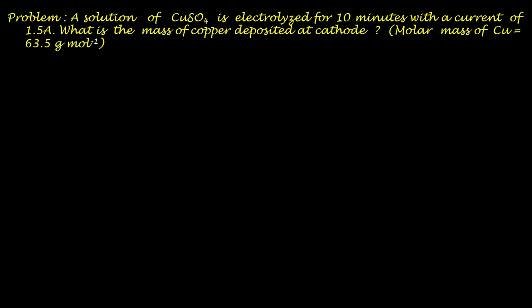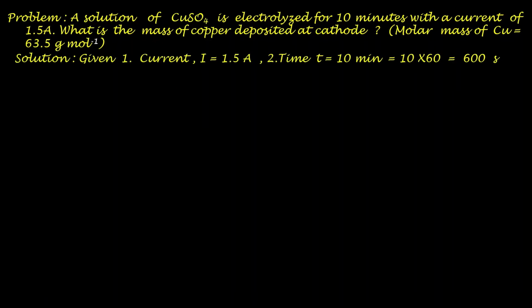You know that copper sulfate solution, that is cupric sulfate solution, contains Cu2+ ion and SO4 2- ion. Here it is given that current I is equal to 1.5 ampere and time t equal to 10 minutes. That should be converted into seconds. So 10 into 60 will give 600 seconds. And we know that Q equal to I into t.